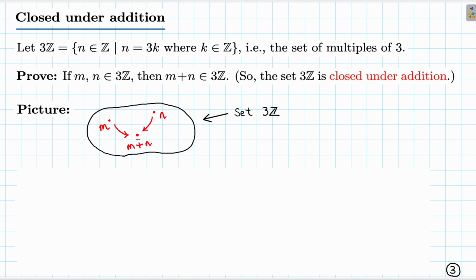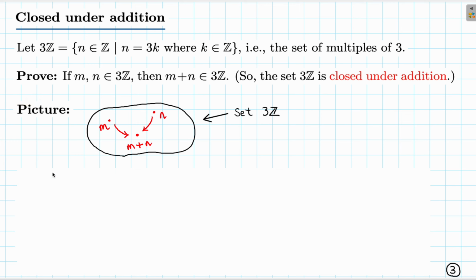Then the sum m plus n is still in 3Z. So I think of this as, what happens in 3Z stays in 3Z, at least when you're adding the elements.